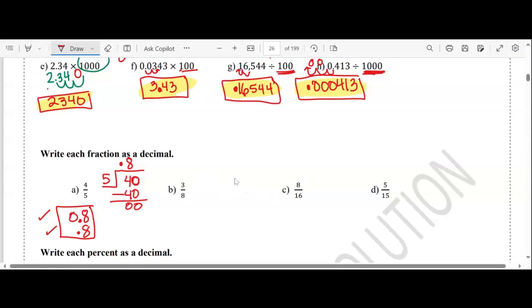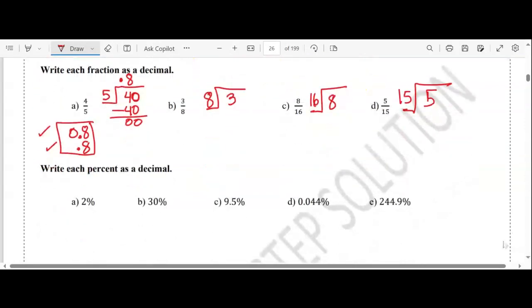Okay, next one. Who can? Yalla, do the next one. Do it by yourself. Long division. Huh?